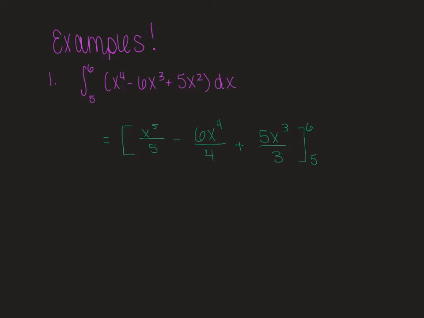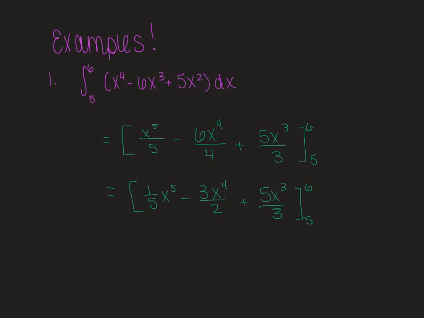I need to remember that these are the values I'm plugging in. Let's simplify it a little bit, and then we'll plug in. So this is 1/5 x to the 5th minus 3x to the 4th over 2, and then plus 5x cubed over 3, still going between 5 and 6.